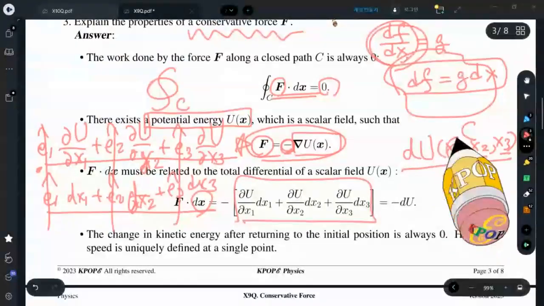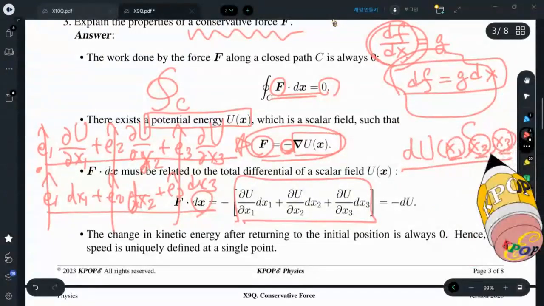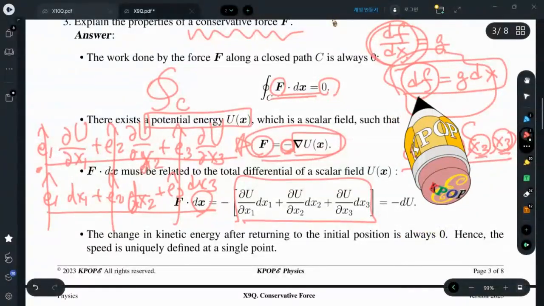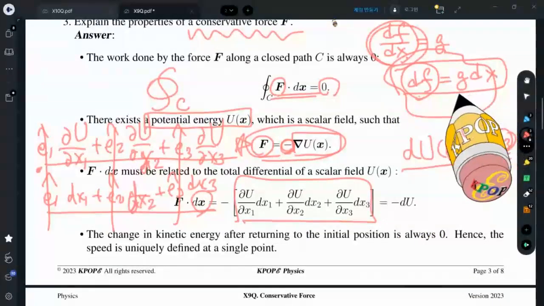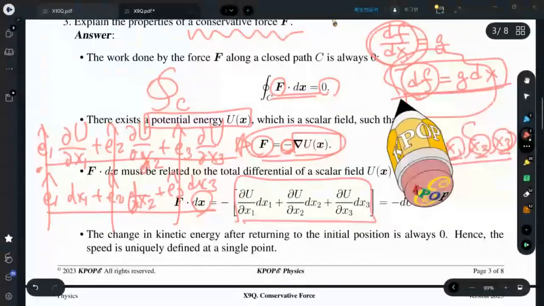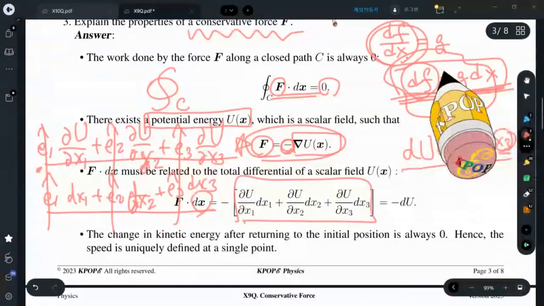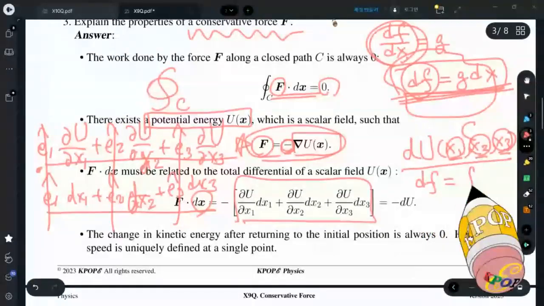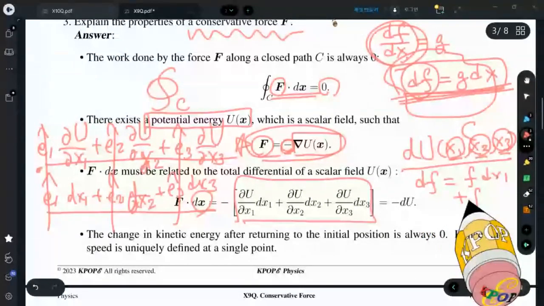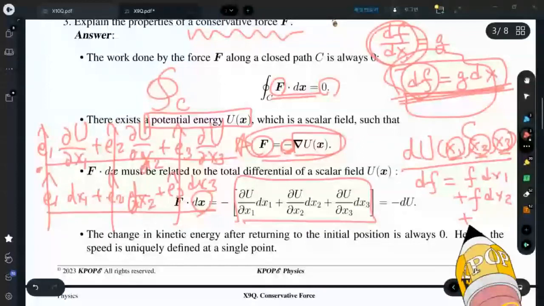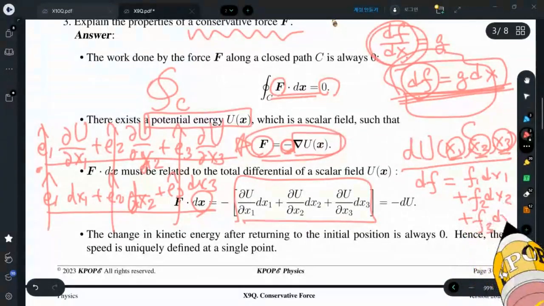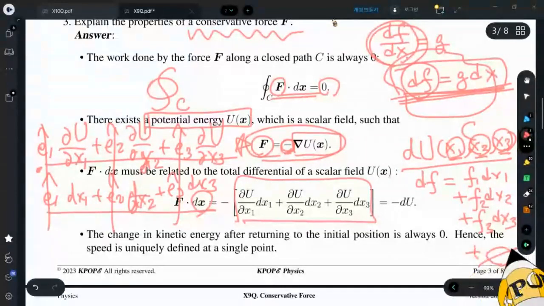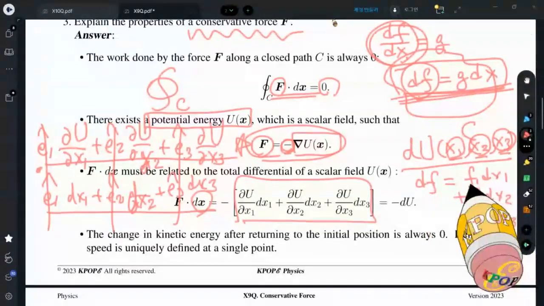By the way, if we have three different independent variables, how can I compute this differential? This is the generalization of the one-dimensional case. Our answer must be of the form, and we neglect the higher order piece in the infinitesimal limit.